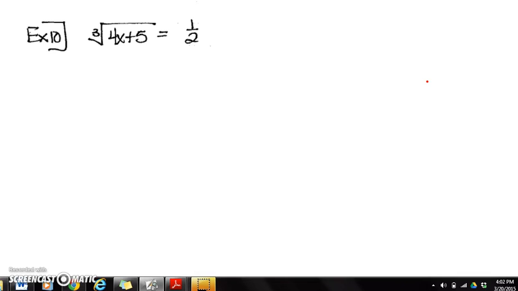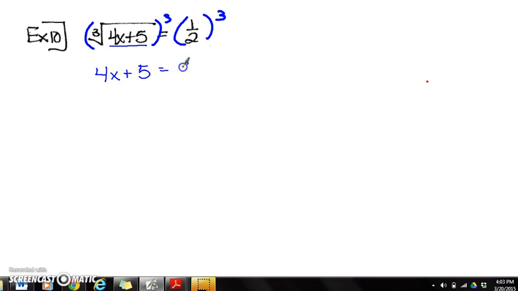Okay, so we're back with Honors Algebra 2, Chapter 6, solving radical equations. So what we're going to do here is, if this is the third root, we are going to raise each side to the third power. So that's going to give me the 4x plus 5 just is going to pop out.